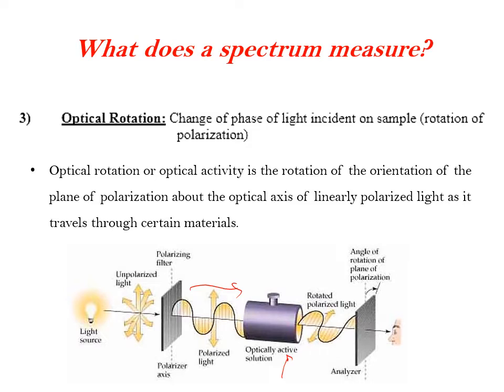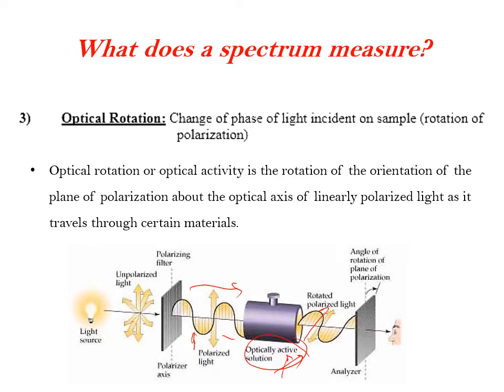For example, in this case, the polarization of the light is vertical. After applying this light to the optically active solution, the polarization of the light will be horizontal, as you can see. If a molecule changes a specific polarized light to a different polarization, the solution is called an optically active solution.